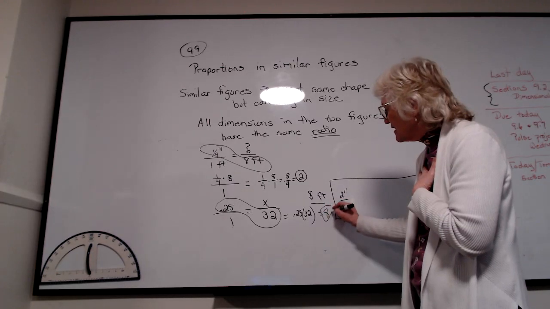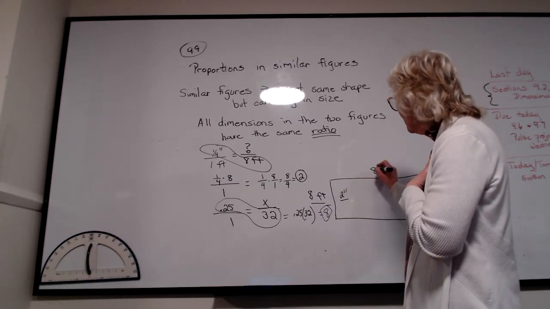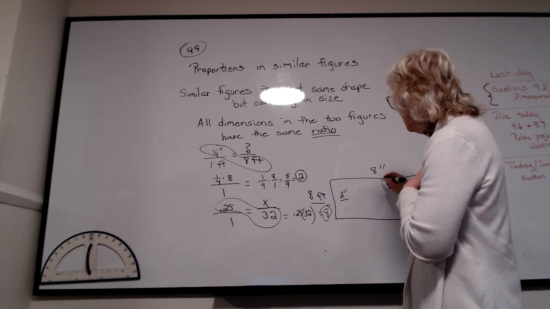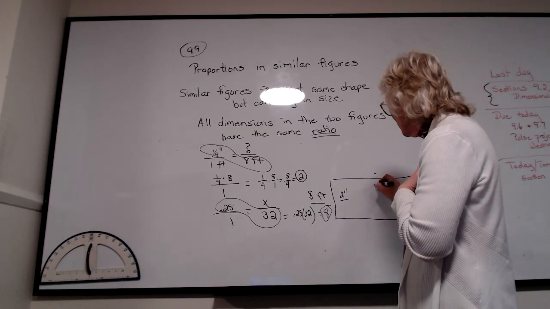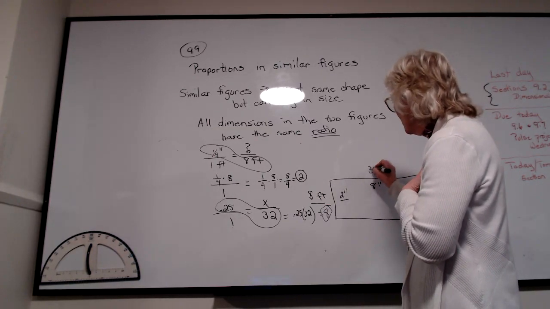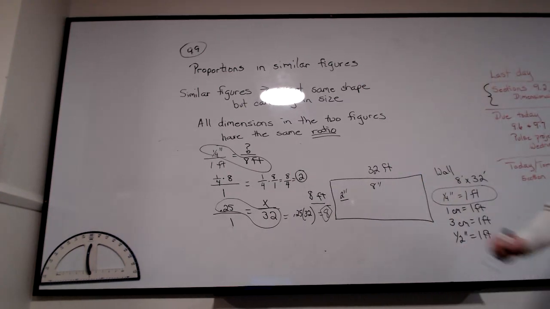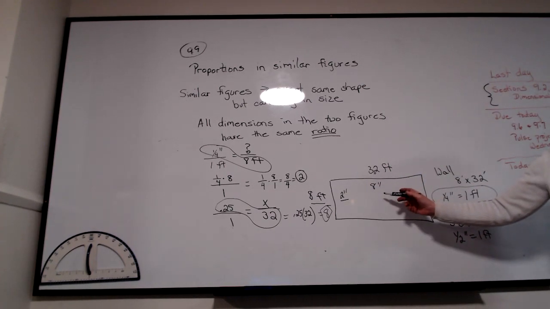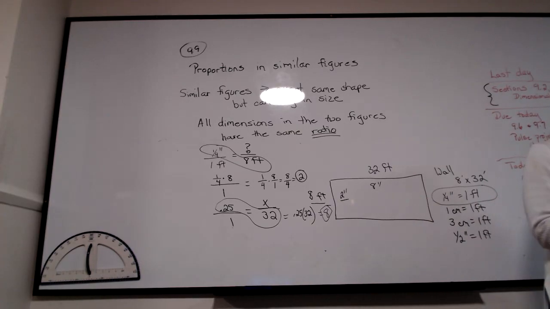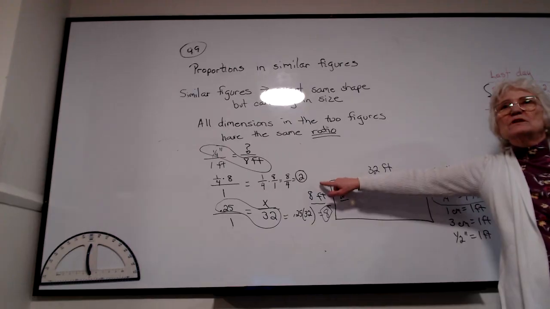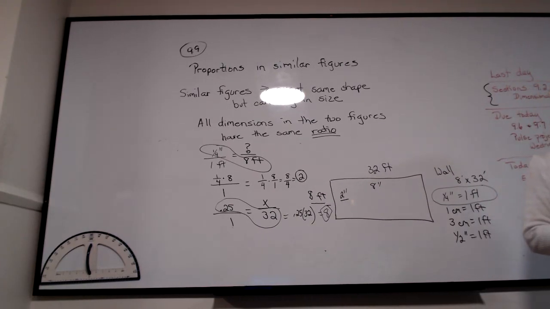You can double check that. So this is going to be 8 inches on paper, which in real life is 32 feet. We don't necessarily put these measurements on there, but you can measure them on the plan, and you know that 2 inches really means 8 feet in real life.